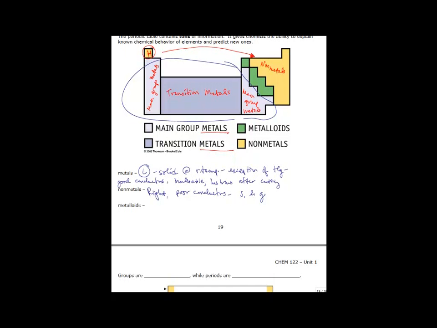Now the metalloids, these are also called semi-metals. And these have properties between, B/T is my abbreviation for between, metals and nonmetals.